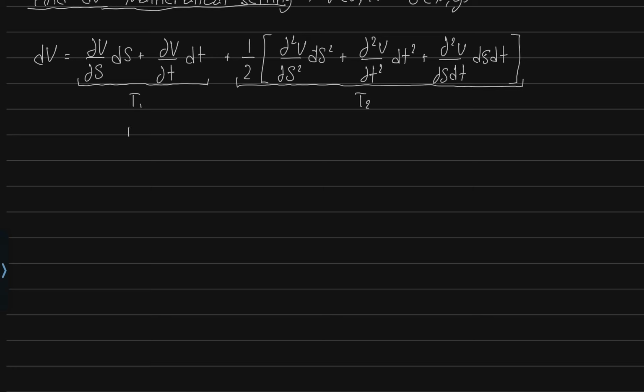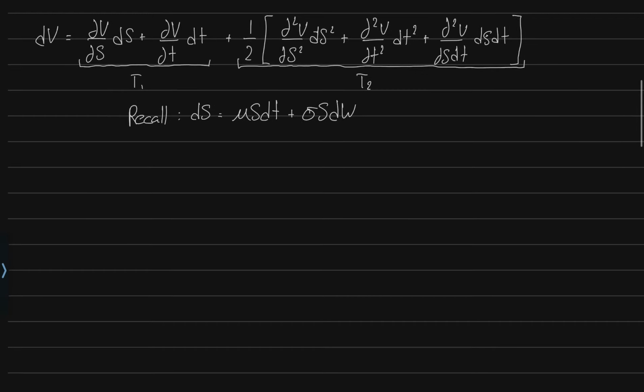Okay, now I want to recall that dS actually has its own definition, which we've discussed in the past and earlier on in this video, as mu S dt plus sigma S dW. Now let's plug that in. Hopefully I can fit this all in one line. If not, it's okay.